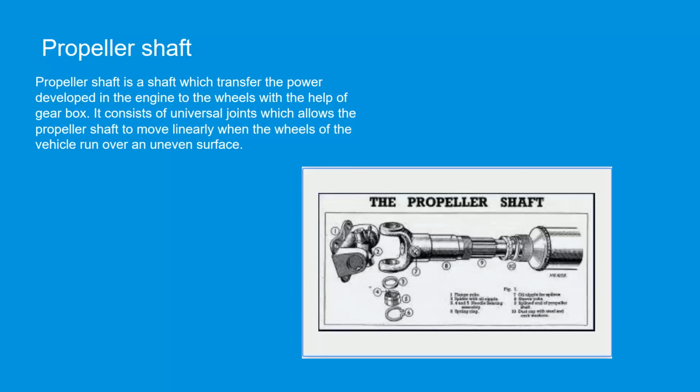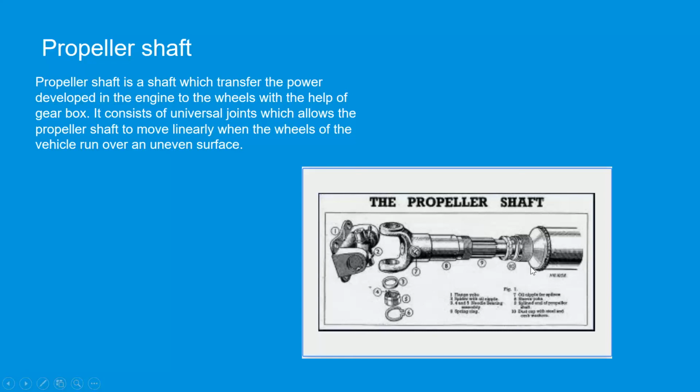This is a very common and important component of the rear wheel axle drive. The propeller shaft is a shaft which transfers the power developed in the engine to the wheels with the help of the gearbox. It transmits through universal joints, which allow the propeller shaft to move linearly when the wheels of the vehicle run over an uneven surface.